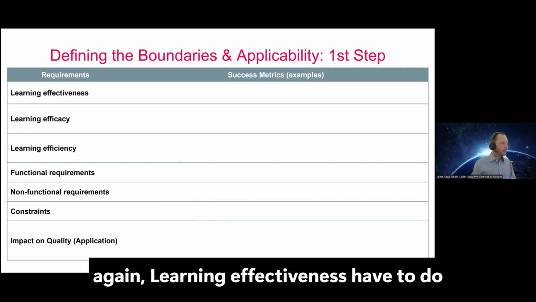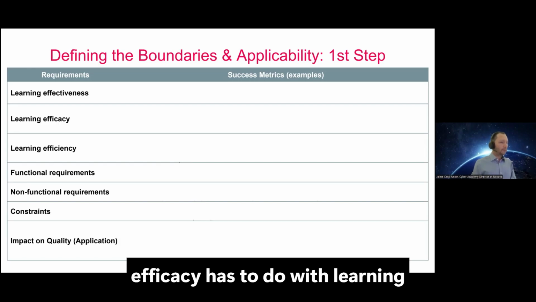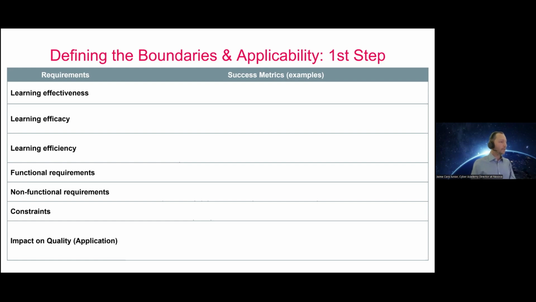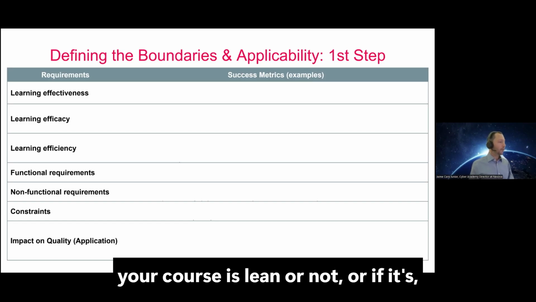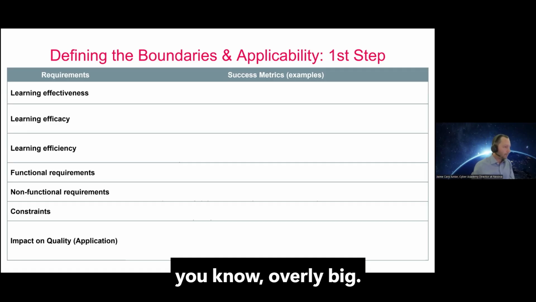So again, learning effectiveness has to do with how well you learn. Learning efficacy has to do with learning the right things. Learning efficiency, the speed, how fast you can learn, if your course is lean or not, or if it's overly big.